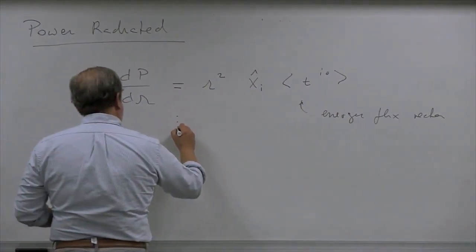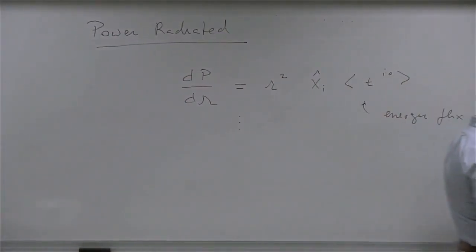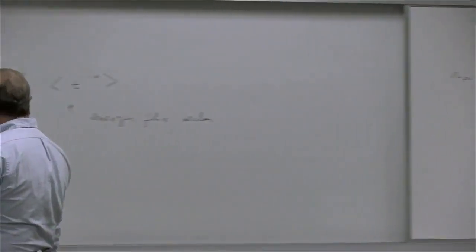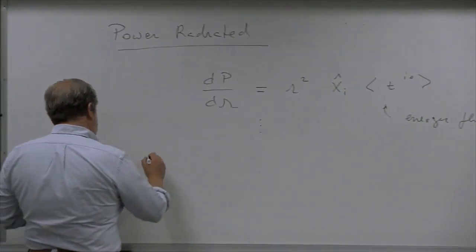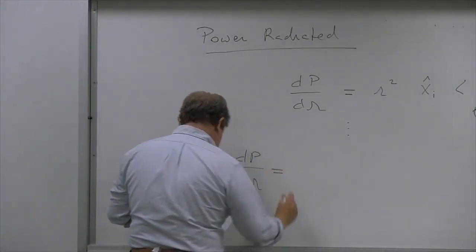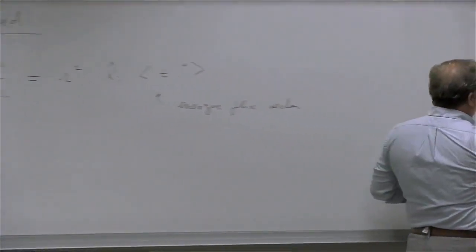And so now there's a few steps in between to reduce this to a manageable form using what we wrote before, in particular this formula here, and to relate that to the T mu nu, right? And so one can rewrite this as dP by d omega. Actually, I need a little bit of space, so let me write this over on this side.